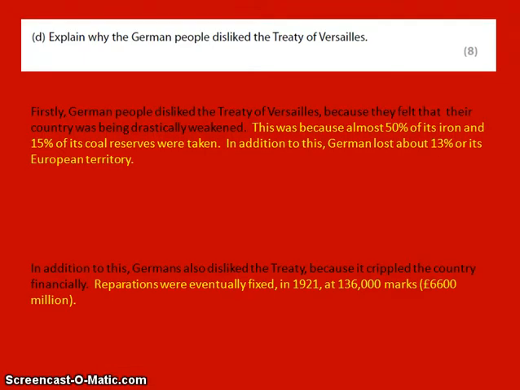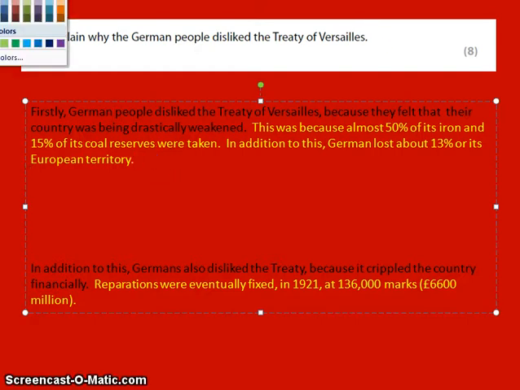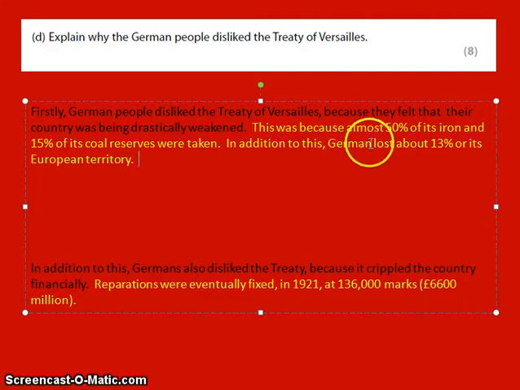Okay, so I'm just going to select another colour so that we can see the difference between our points. So quick recap. We've got, firstly, German people disliked the Treaty of Versailles because they felt that their country was being drastically weakened. This was because almost 50% of its iron and 15% of its coal reserves were taken. In addition to this, Germany lost about 13% of its European territory.